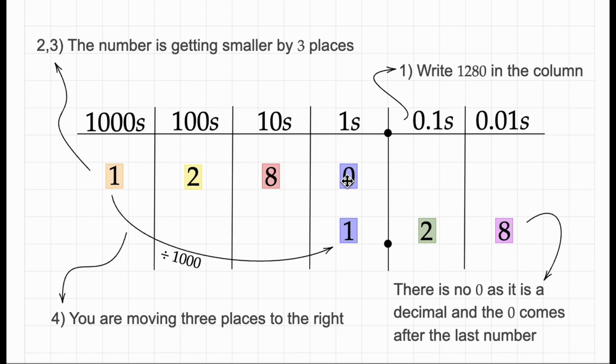And the 0, we could move it 3 places to the thousandths. But because it's to the right of the last decimal place, we don't need to bother, because it's a decimal, so we could write zeros for infinity because there's nothing left. There's no more fractional values.